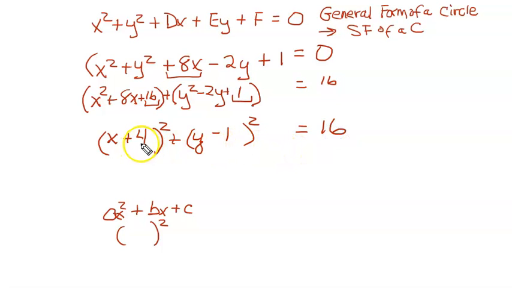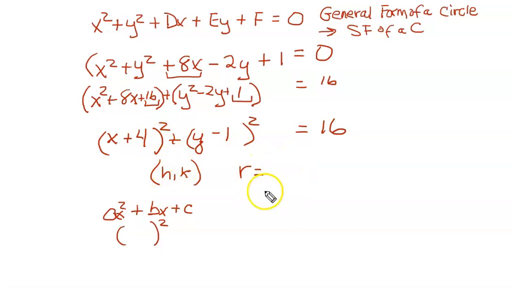And now I have it in the standard form of a circle. Wow. So again, I want to identify my h comma k. And I want to identify my r.